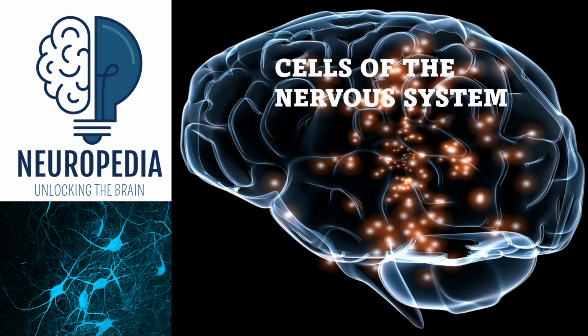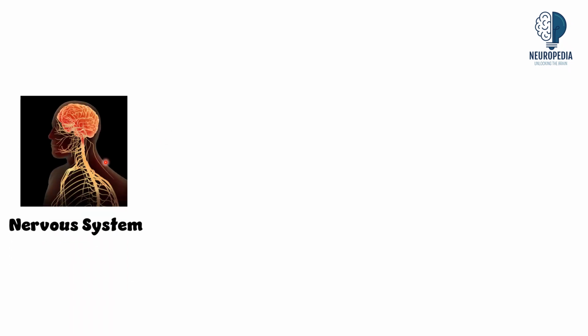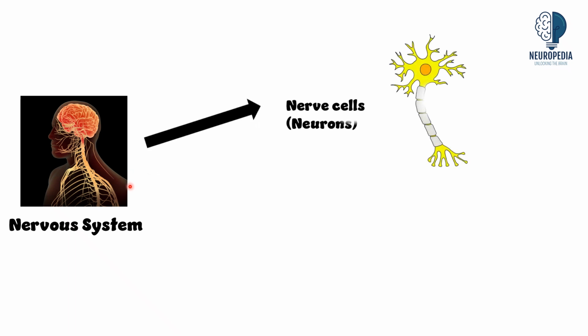In this lecture, we will study cells of the nervous system. The nervous system is composed of two main types of cells, namely neurons and glial cells.